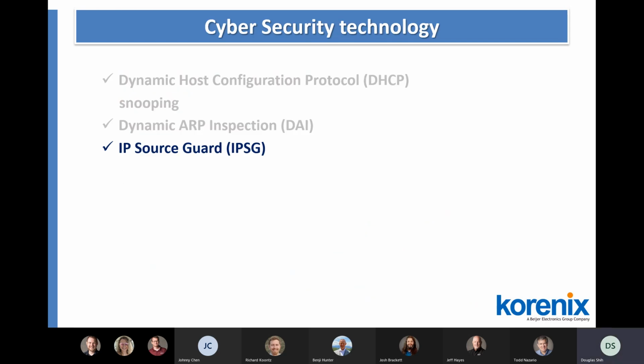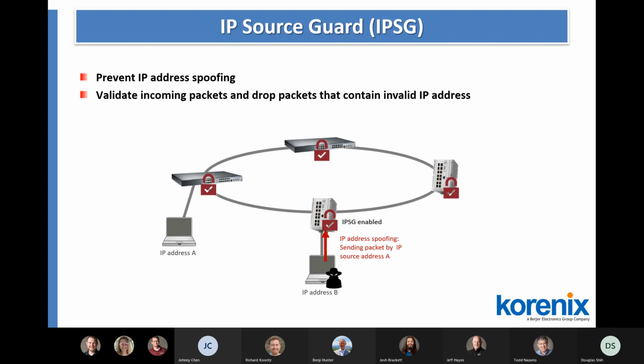For this topic, there is IP source guard. IP source guard prevents IP address spoofing. This function validates incoming packets and drops packets that contain an invalid IP address.